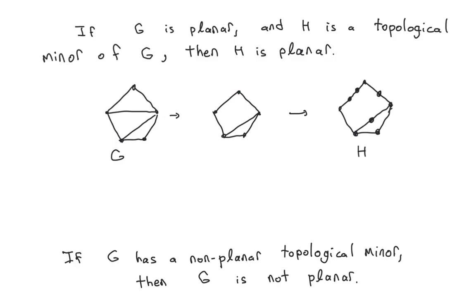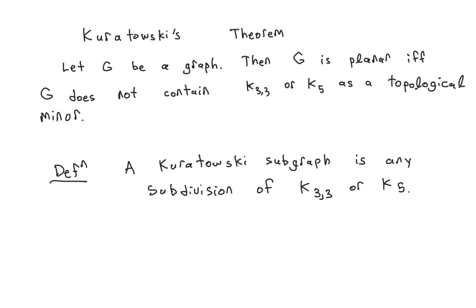And what's important is the contrapositive. If G has a non-planar topological minor, then G is not planar to begin with. So this gives you one way to prove something is not planar, is to give me a topological minor that's not planar. And Kuratowski's theorem is a strong result in that direction.